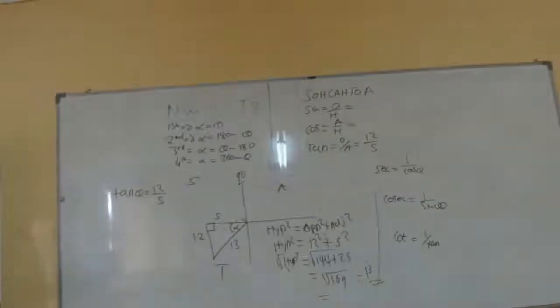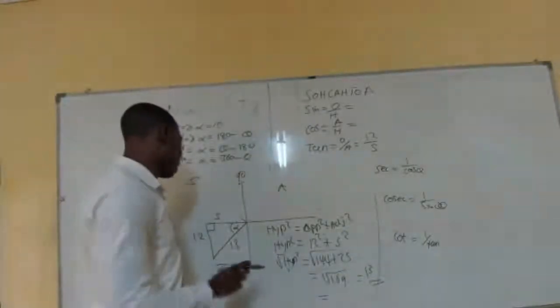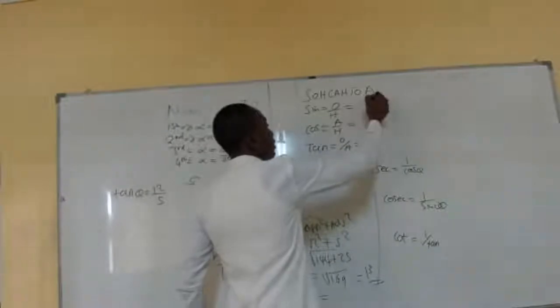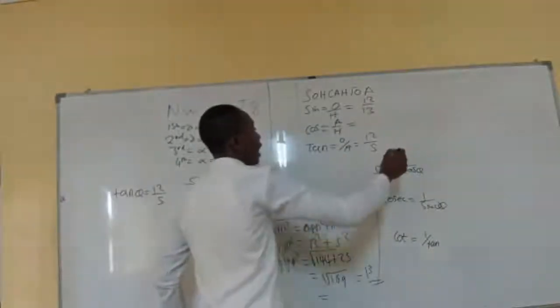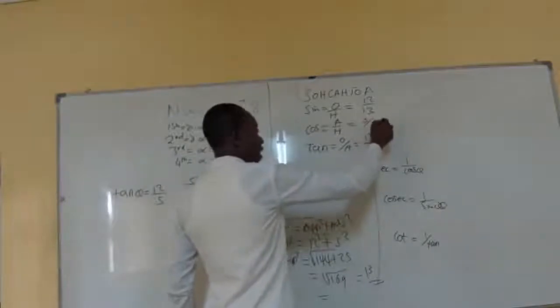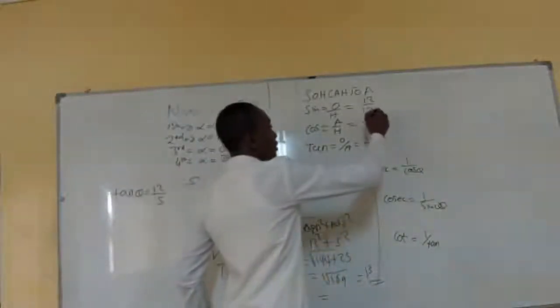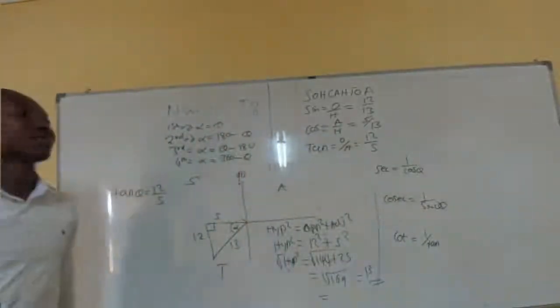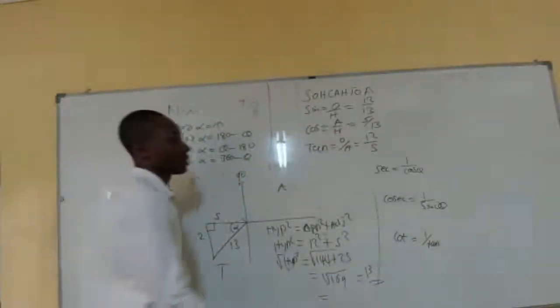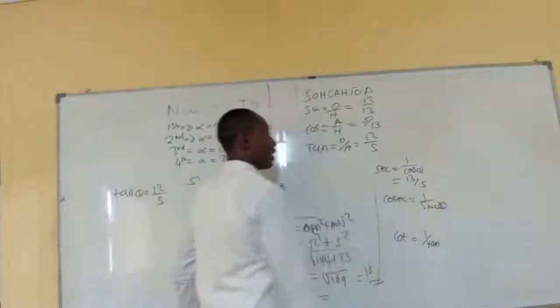Now that we know the hypotenuse, we can find the rest of the trigonometric ratios. Sin theta is opposite over hypotenuse, so that is 12 over 13. Cos is adjacent over hypotenuse, so 5 over 13. Sec is 1 over cos, so the flip of cos is 13 over 5.